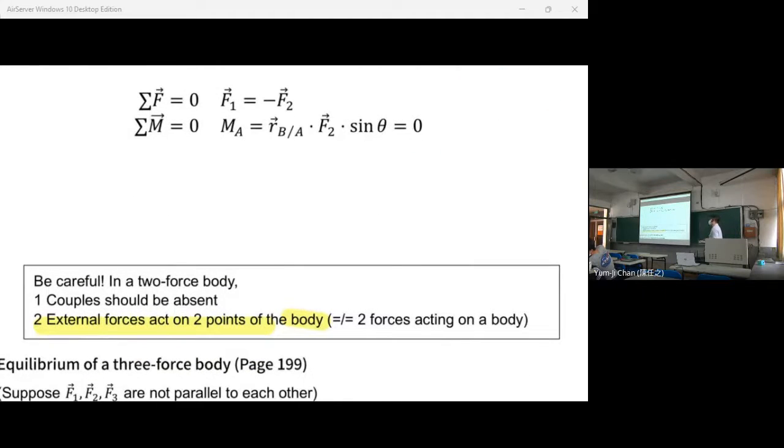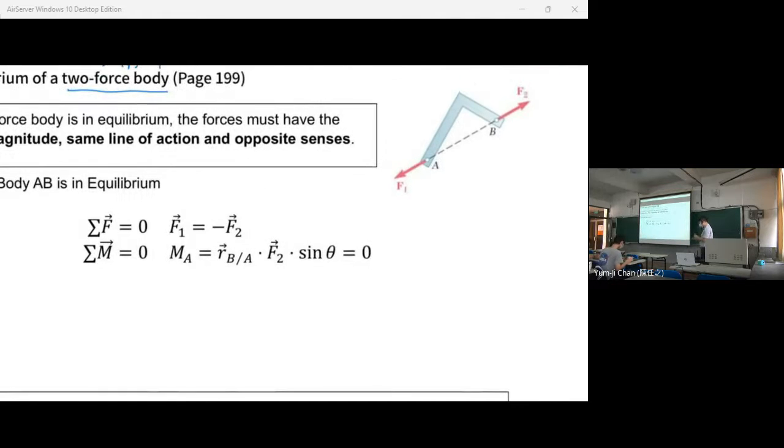External forces act on 2 points of the body, which means, for example, this is a two-force body because all the forces are acting on A or on B. So let's say we have, for example, F3 and F4 and F5.